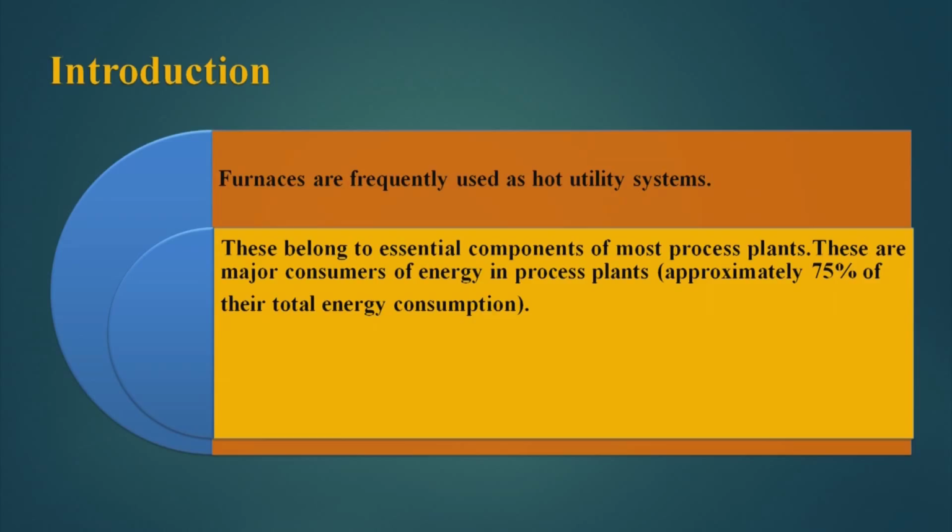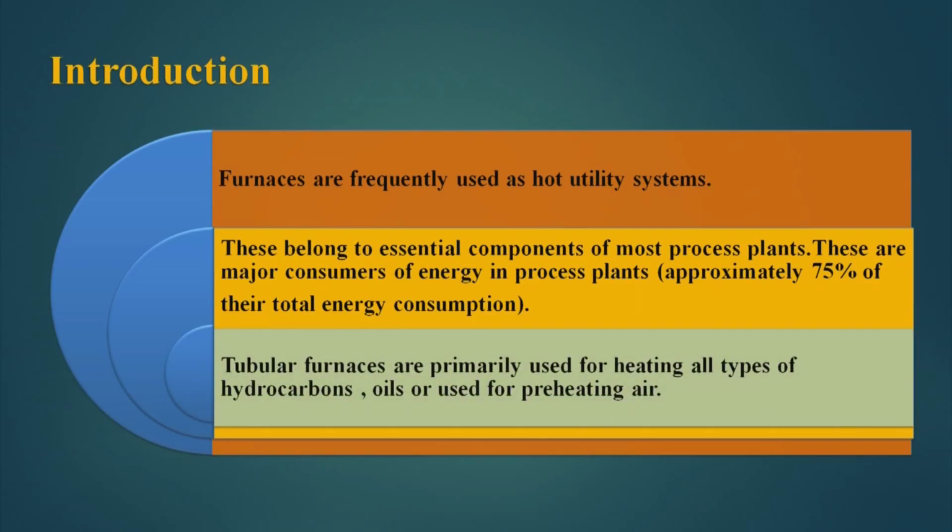This consumes major energy of the process plant, approximately 75% of the total energy consumption. Tubular furnaces are primarily used for heating all types of hydrocarbons, oils, or used for preheating of air.